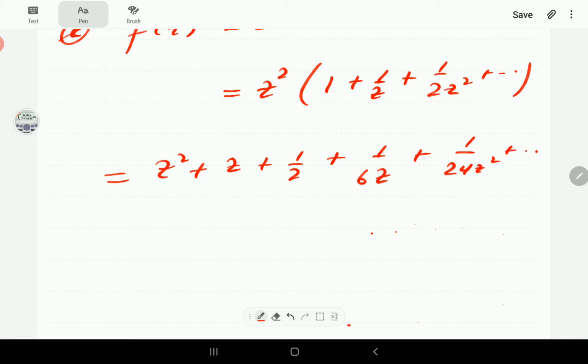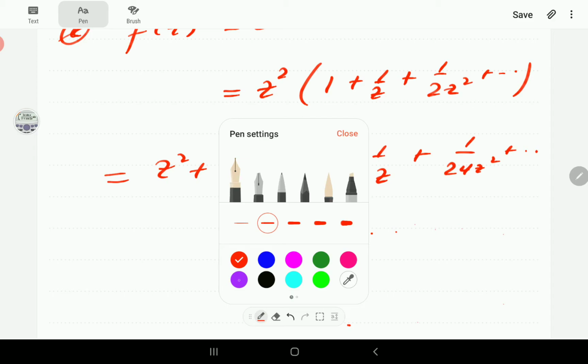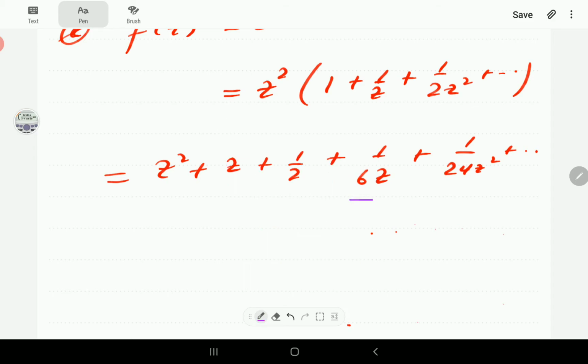So what we notice here is that the principal part of this starts here, and it's going to be an infinite number of negative powers. So this is telling us that z equals 0 is going to be an essential singularity, or a pole of infinite order.